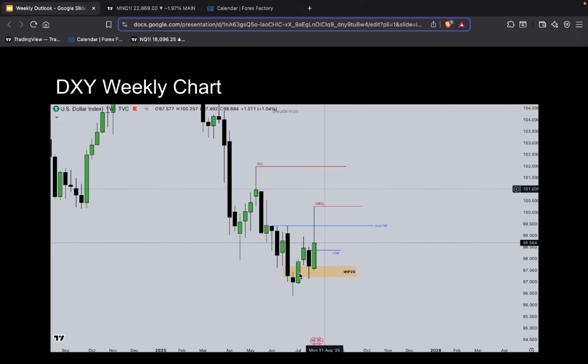And also we see there's another bullish fair value gap. I didn't highlight that fair value gap because I didn't want to draw a lot of things, and I just want to make my chart clear.